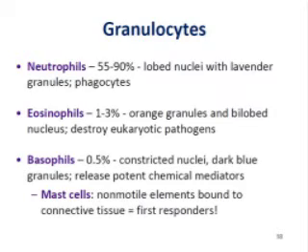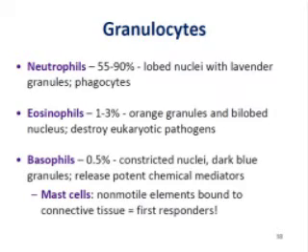They make up 55 to 90% of your white blood cells. The eosinophils are just 1 to 3%. They look a little bit different, and they're more geared towards eukaryotic pathogens. So fungi would fall into that category. Protozoans, that's where you would see more of a response from those.